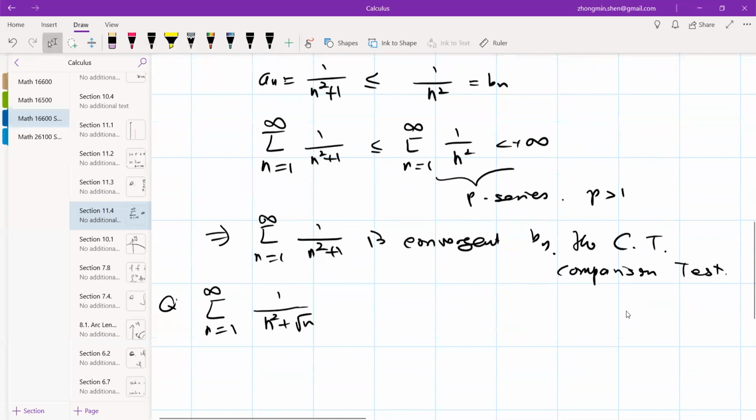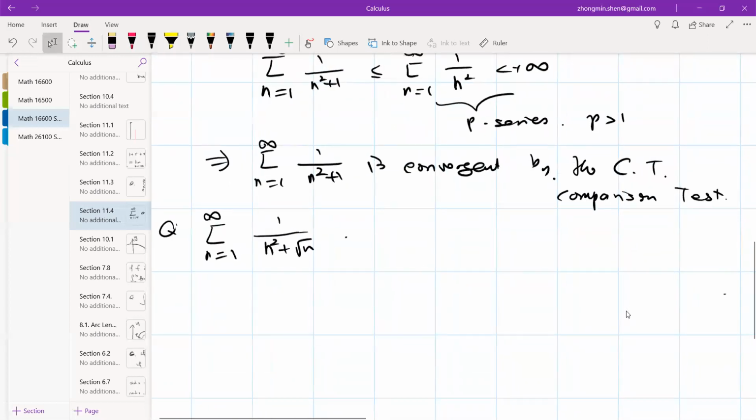I don't think you can evaluate the integral of this. So in this case, my question is, can you evaluate it? You cannot.